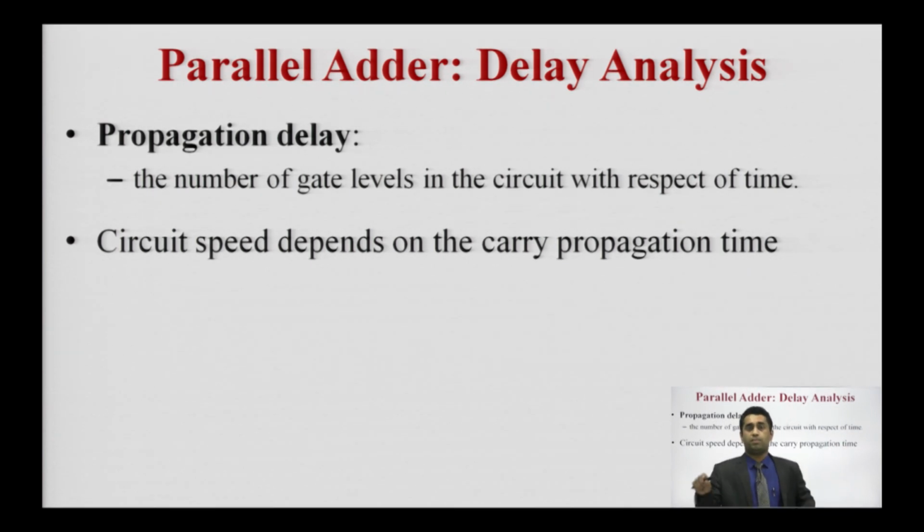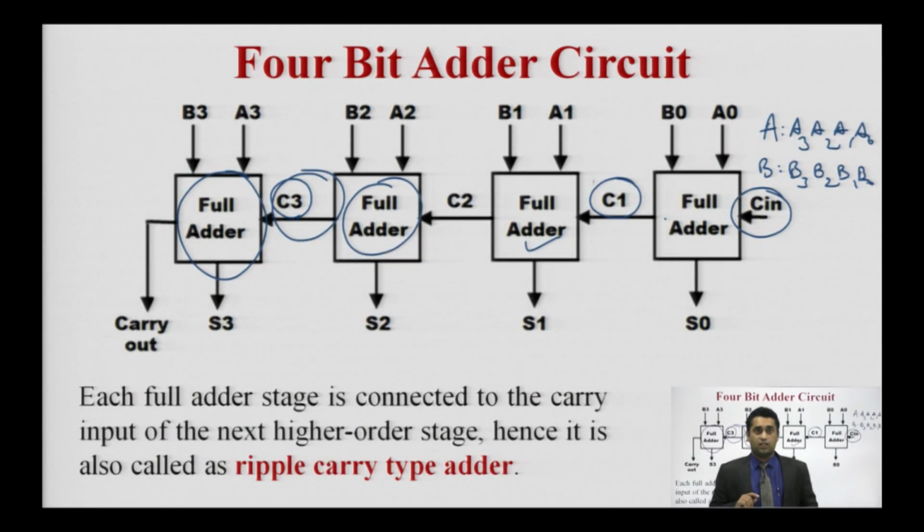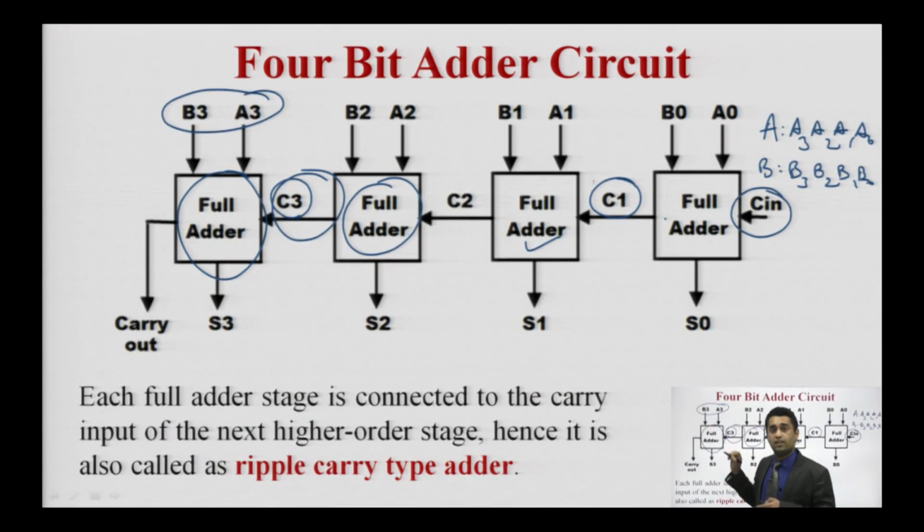So, this is the propagation delay, and you are able to see here in that example that this data is instantaneously present with this full adder, but after availability of this it is still waiting for 30 nanoseconds to receive this part. So, this is the issue.